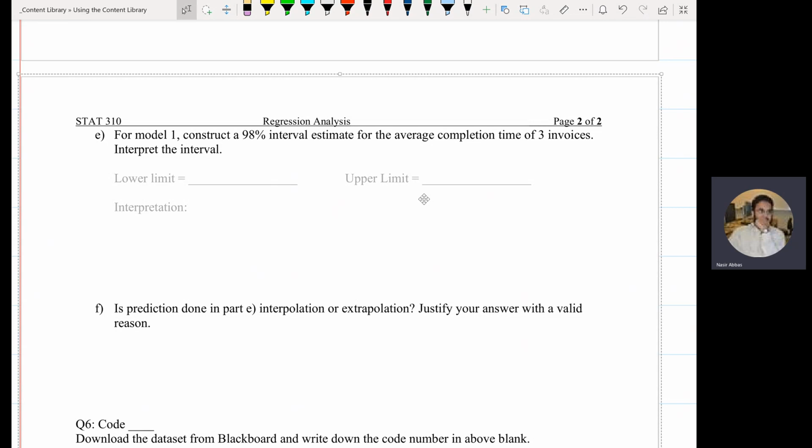Does it fall within the domain of the available data? For example, I gave you the data on 26 invoices, and let's say the data is from 5 to 39. Does this 3 fall within 5 to 39? No, this is extrapolation. If it falls within the data, it's interpolation.